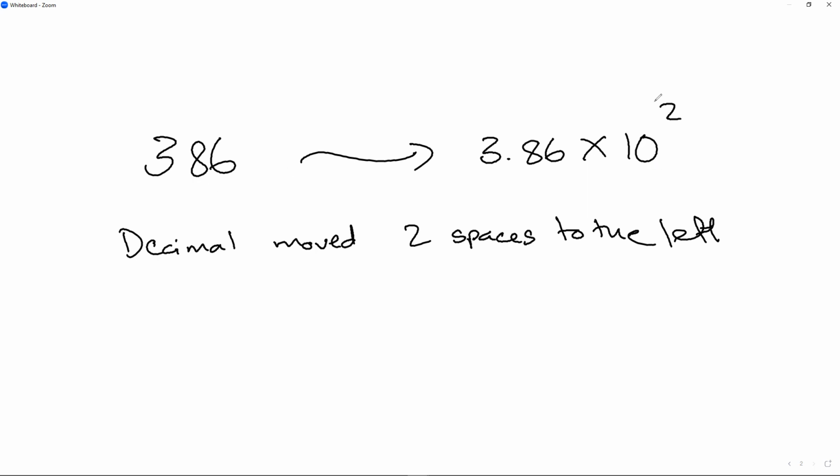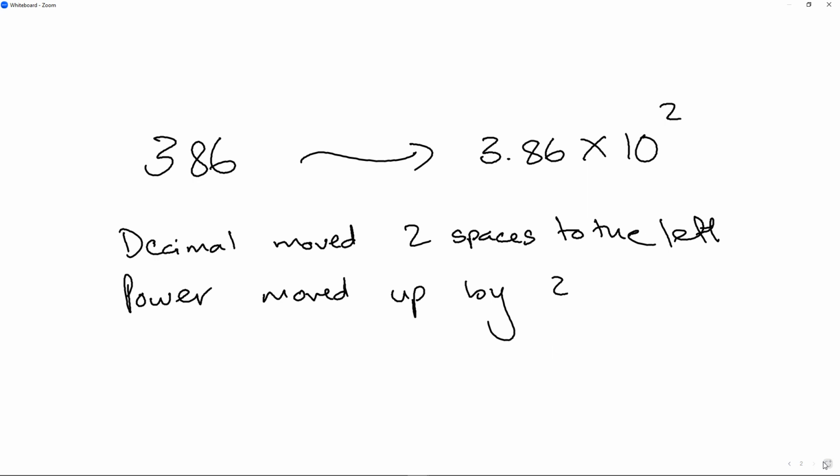And therefore, we also note that the power has increased. This power has increased by 2 as well. Power moved up by 2, or to the number 2.